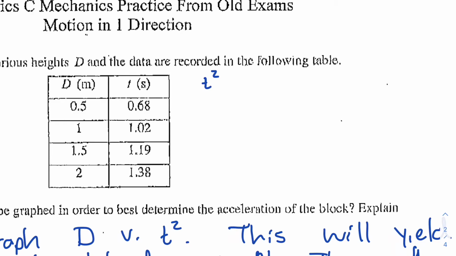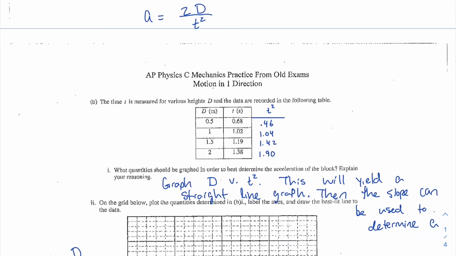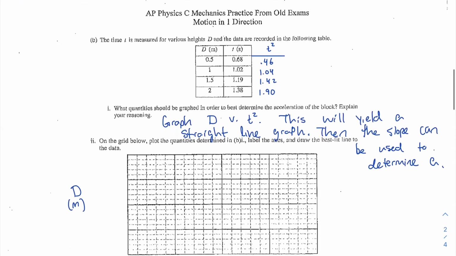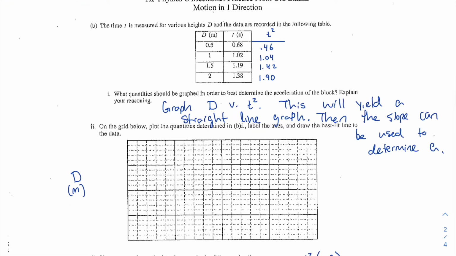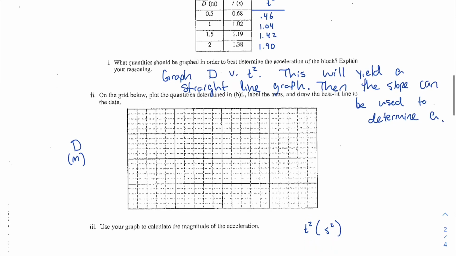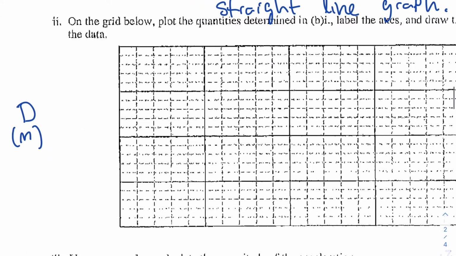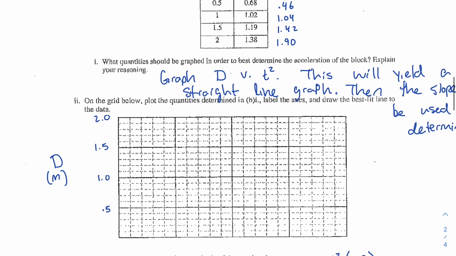We need to figure out the time squared values from our data. So there's our corresponding time squared values. Next, we need to pick appropriate increments for each axis. If we look at distance, we're going up by 0.5 meter each time, and we have 4 major grid lines that we can use for that. So there's our vertical axis.